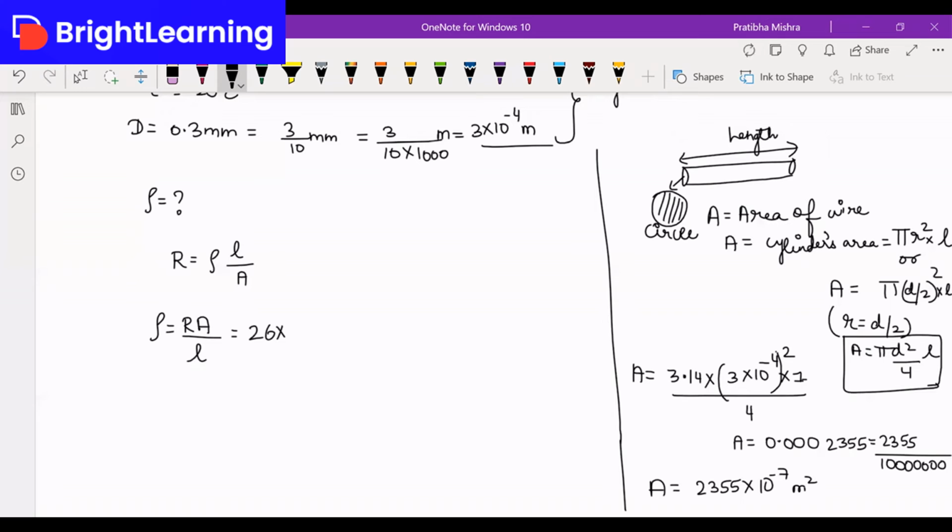That's just your area. So I'm going to write it here. It's minus, not plus. Now I have substituted it. Length is 1. Now do your calculations. What answer do you get here?